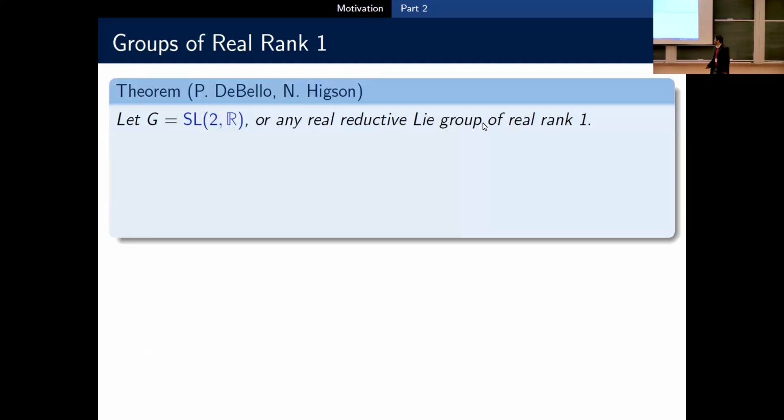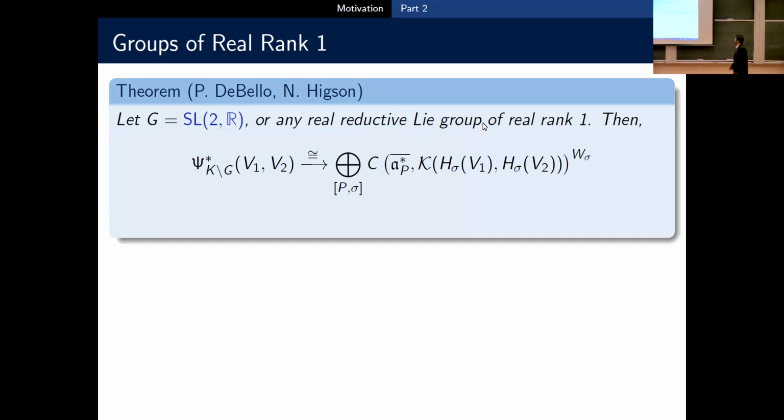Now again, Nigel and Peter have made a head start on groups of real rank 1. What they have shown is that for groups of real rank 1, there is an isomorphism from order 0 equivariant operators on the left to a certain space of functions.